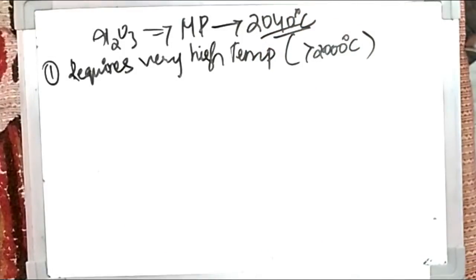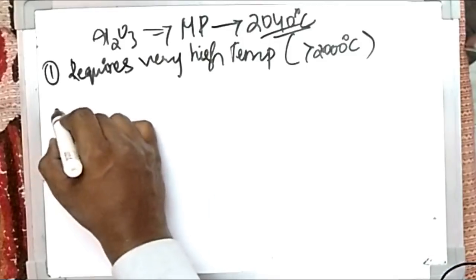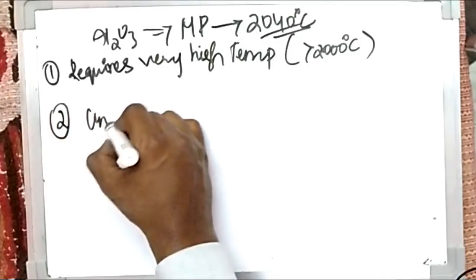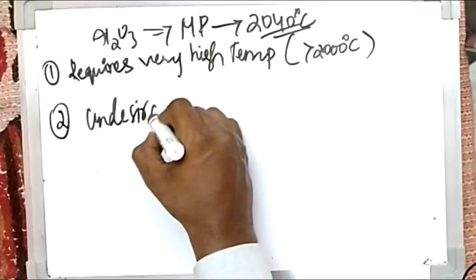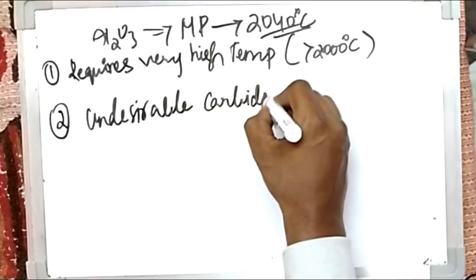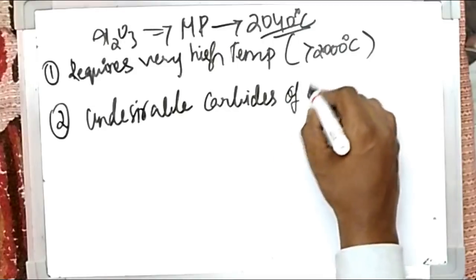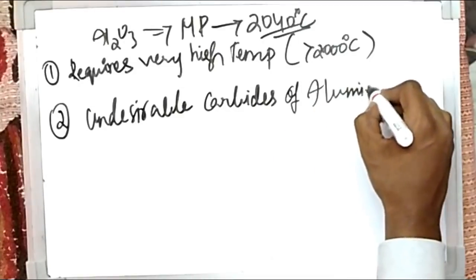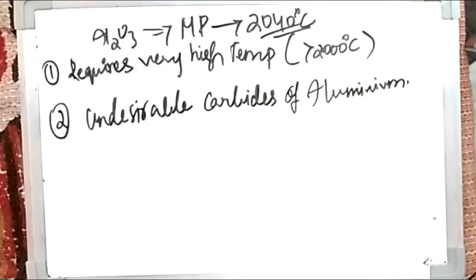To produce liquid aluminium we require a temperature greater than this, which is highly impractical. One more thing is that at this temperature, undesirable components are formed: undesirable carbides of aluminium. That means instead of extracting pure metal, we'll be getting aluminium carbide, so it is not feasible.